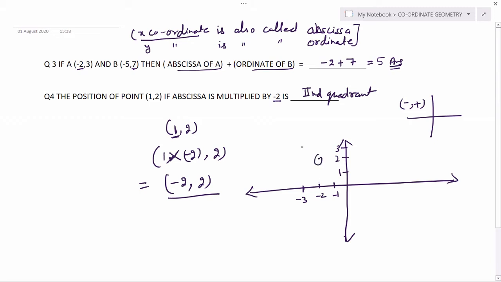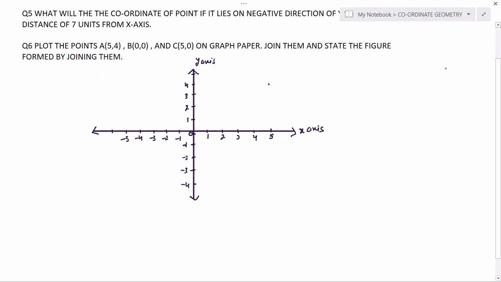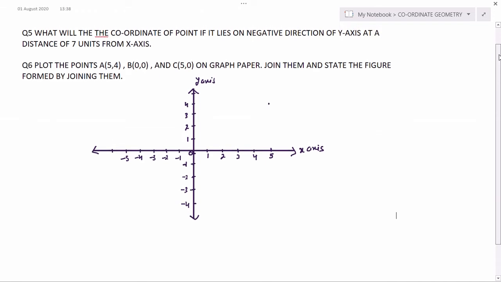So this will be the point. I can give a name to this point, A, so I can write A (-2, 2) is the position of this new point. I hope you have understood this question also. Let us move to the next question. All these questions are very interesting and very important also. In this chapter you have to revise all these questions.